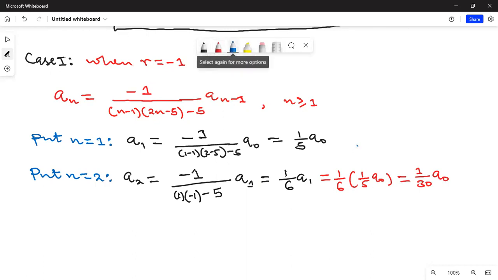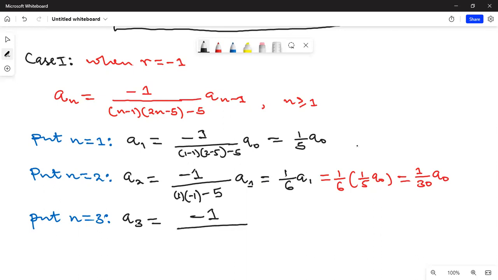So let's say put n is equals to 3. So that will give us a3 is equals to -1 over. Now here we'll have 2 times 3, that's 6 minus 5, that is 1. Then again minus 5. Here we'll have a2.